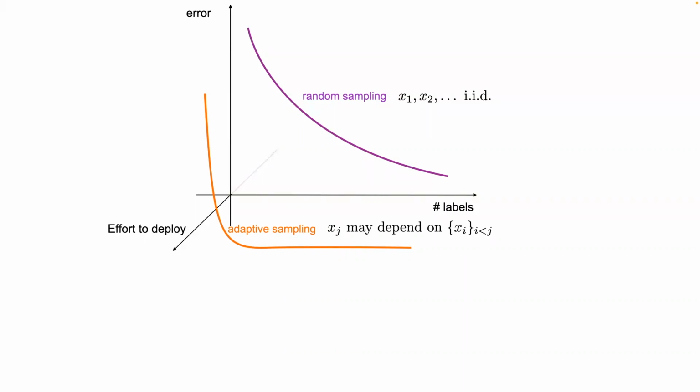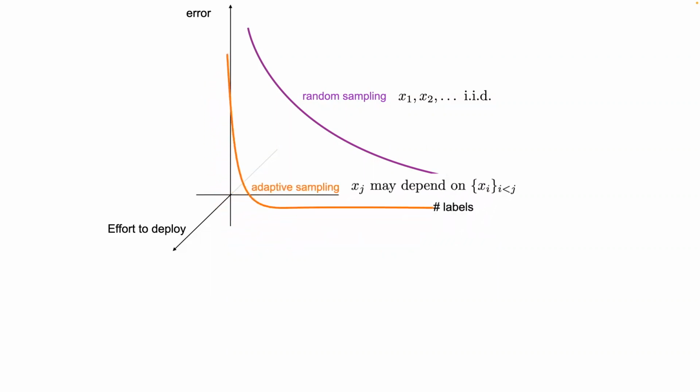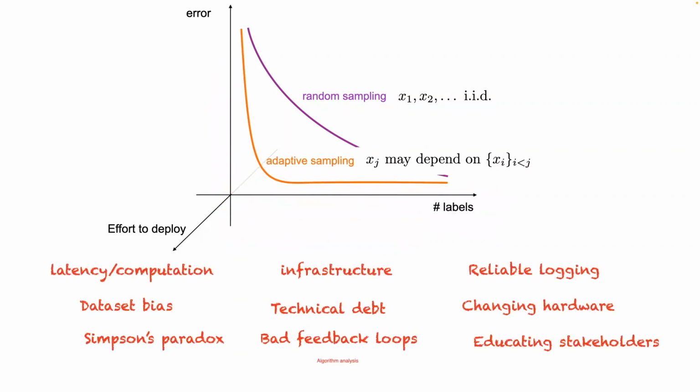And all these nightmares that come up, we don't really talk about in our research papers, but they really are going to be the majority of your time when actually going to a company or doing something in science. The kind of issues that come up are that you need to worry a lot more about latency and computation.